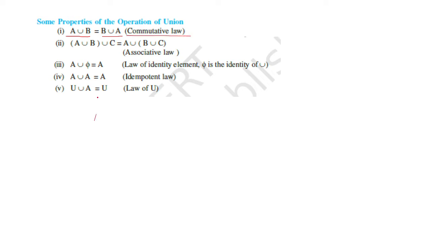Secondly, the associative law. For example, A = {1, 2}, B = {2, 3}, and C = {3, 4}. If you compute the left-hand side, that is (A union B) union C, first you have to compute A union B because it is in the small bracket.